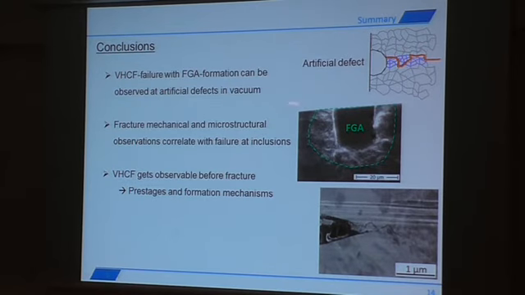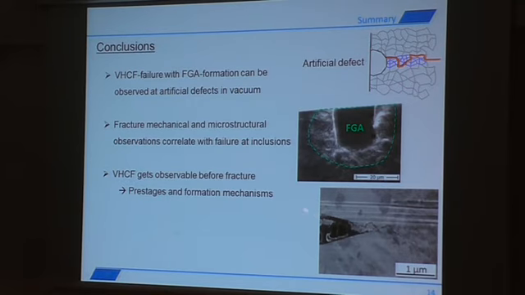The fracture mechanical and the microstructural observations correlate quite well with the observations we had at inclusions, and this gives us quite some new methods to observe the failure before final fracture, and hopefully by these pre-stages of failure we can understand the formation mechanism a little better than just by looking at the fracture surface.